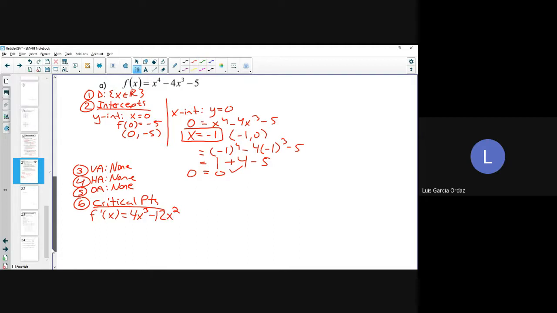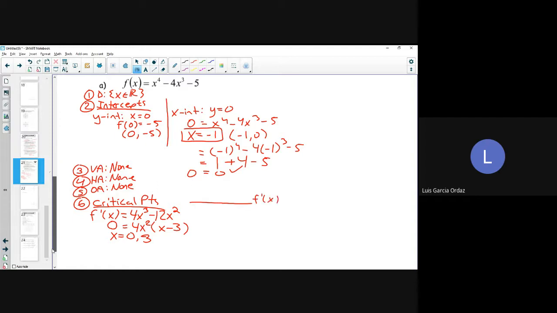Is there anything I can factor out from my binomial? 4x squared. So that equals 4x squared times (x minus 3). And remember, I have to set my derivative equal to 0, which means that my x values are at 0 and positive 3. So now I have to make my number line for my f prime of x.